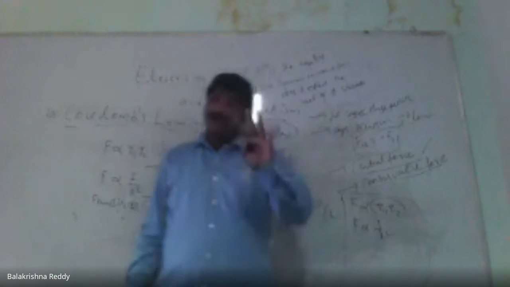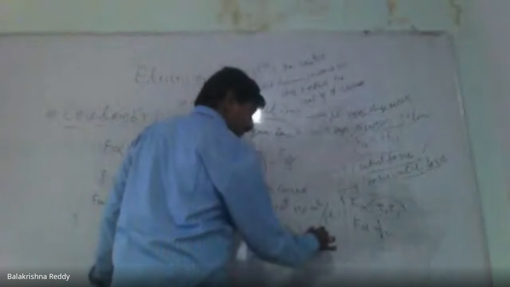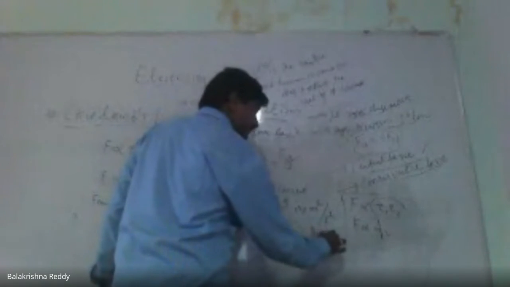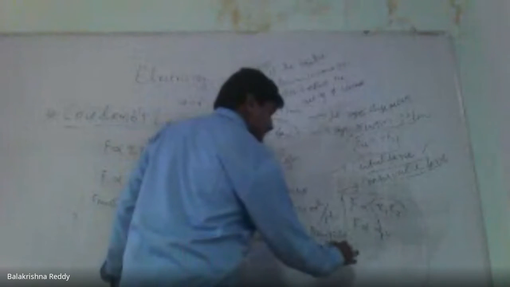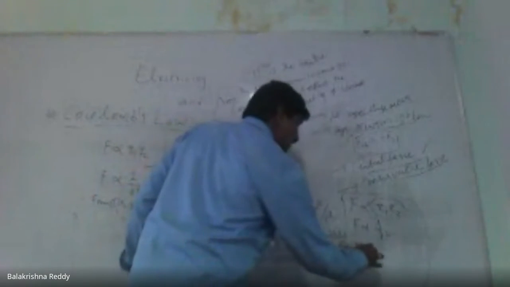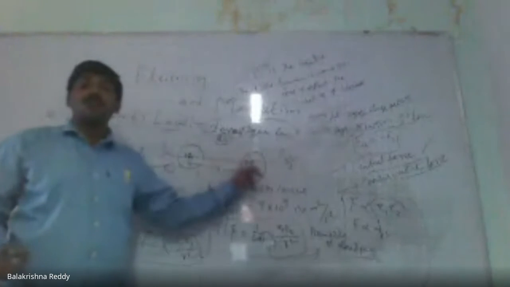One most important thing is that you are seeing this epsilon naught. This is what we call the permittivity of free space. What is that? Permittivity of free space describes the medium in which you are finding this force.